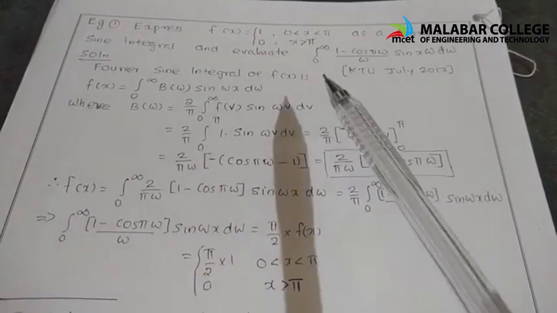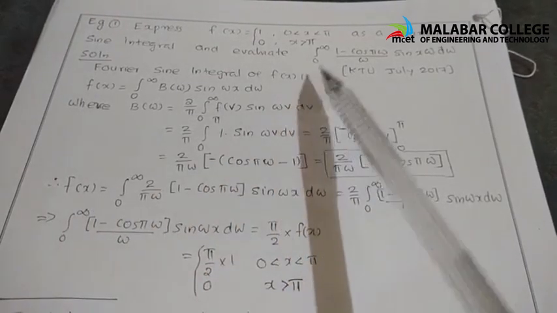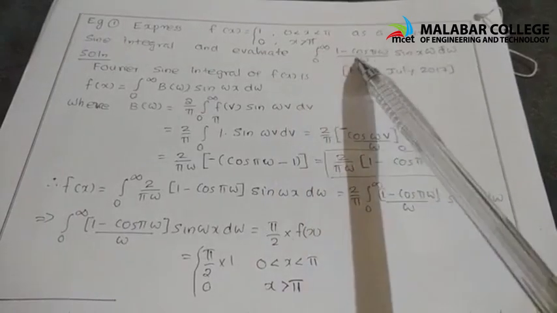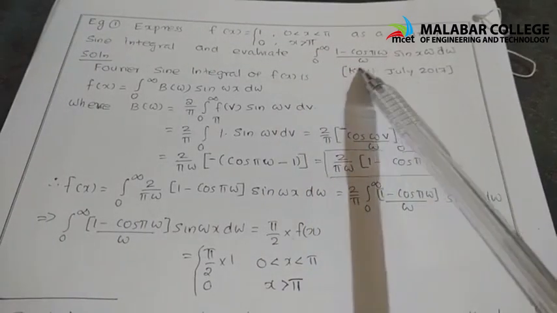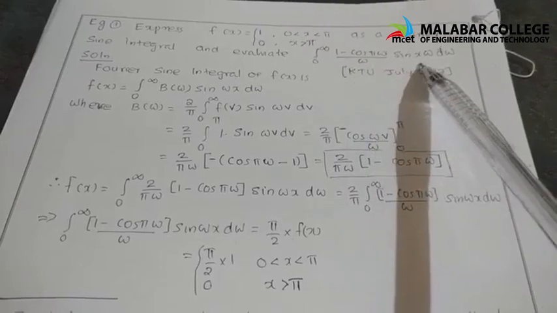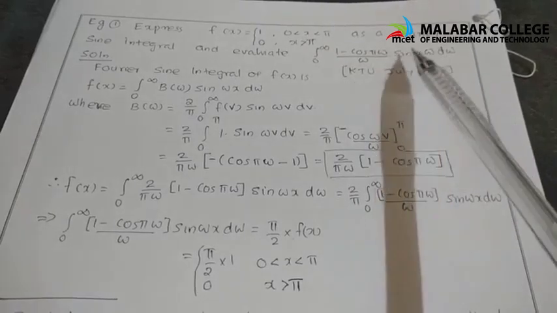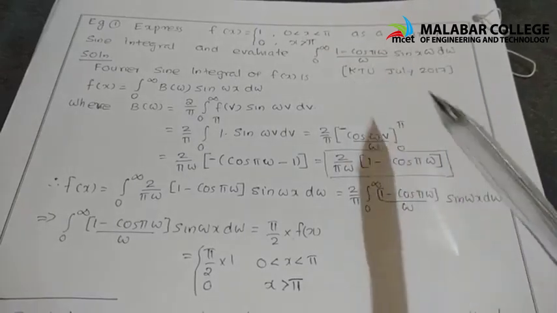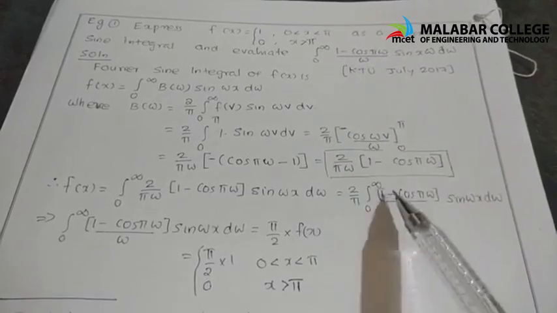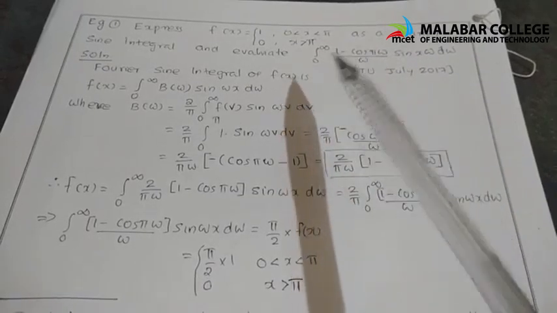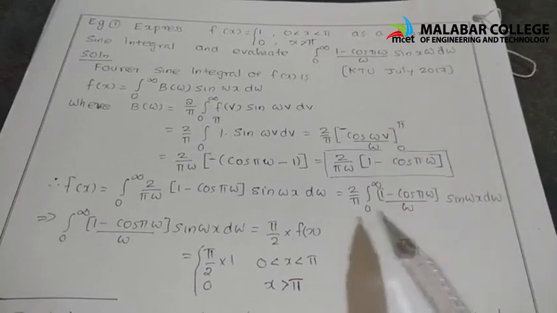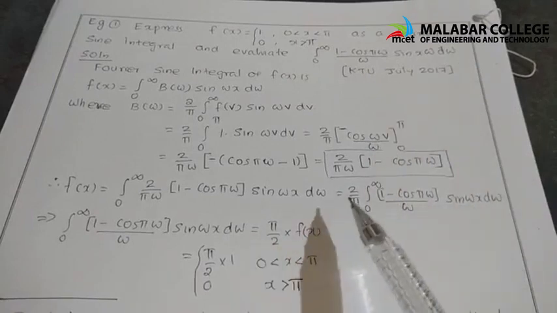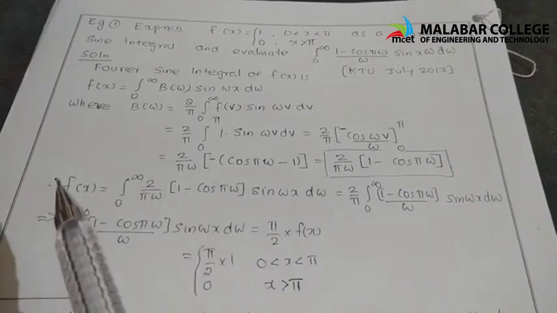And there is one more question here. We have to find the value of integral 0 to infinity 1 minus cos pi omega by omega sine x omega d omega. So while comparing these two, we will see that the same is here, the same 0 to infinity up to d omega. So we have to take this 2 by pi to the left side of f of x.